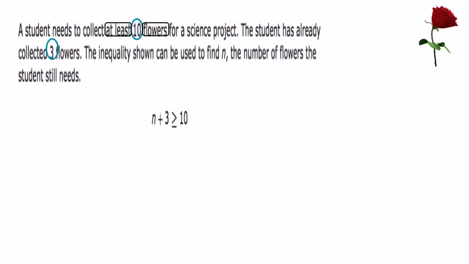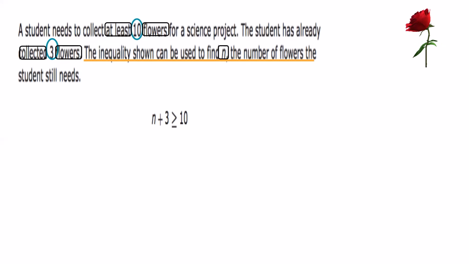Also, I will box in collected and flowers again. And the last one I will box is n, to represent the number of flowers that we still need. Now we'll underline the question. The inequality shown can be used to find n, the number of flowers the student still needs.